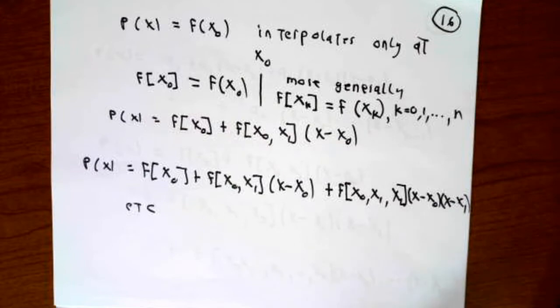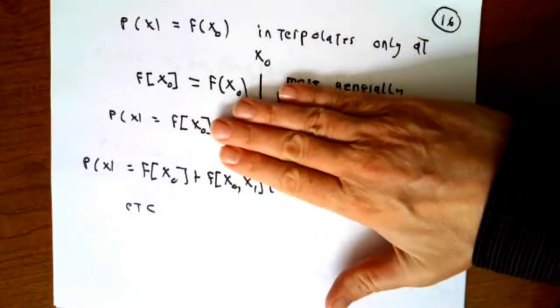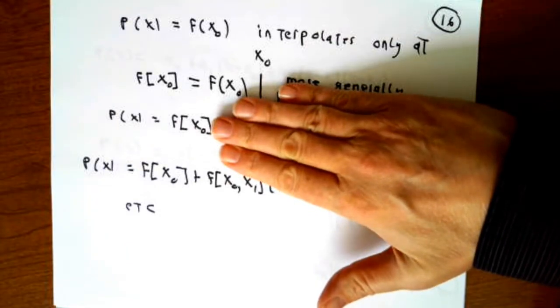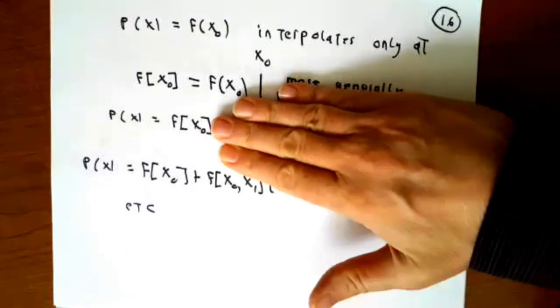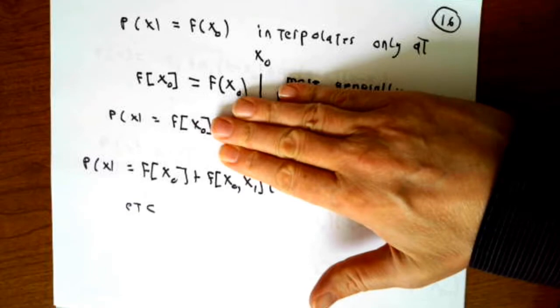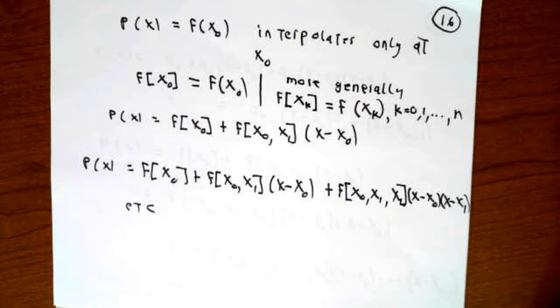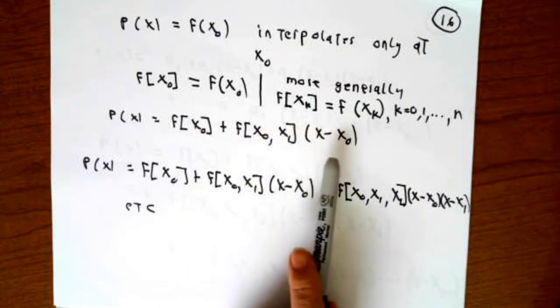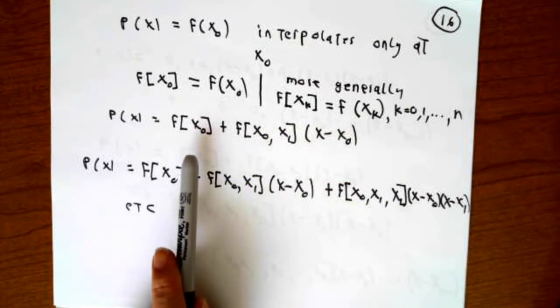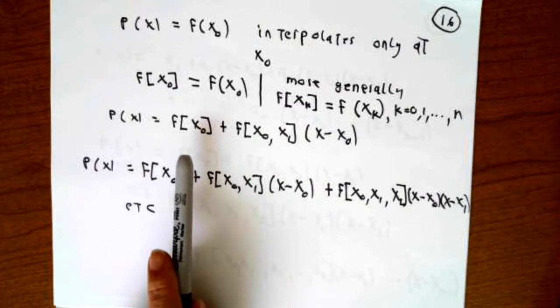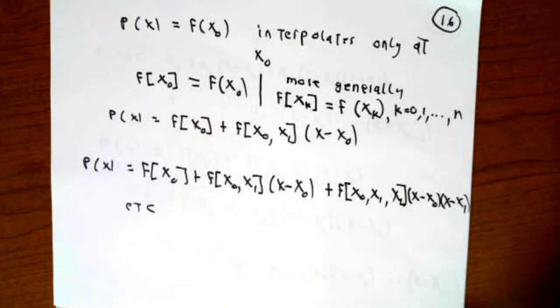If you think of this polynomial, if I cover this part up, this is the polynomial of degree 0 that interpolates f at x0. If I add on this piece, two things happen. Number one, when x is x0, this whole term is 0, and I still get the correct function value for f at x0.